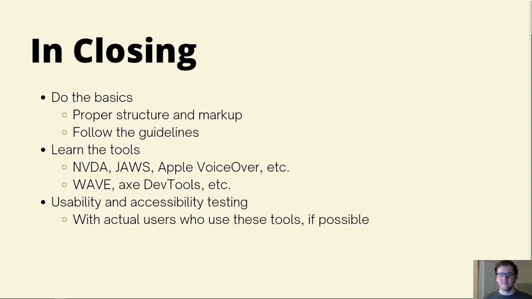And as much as you can, learn the tools and use those automated tools to help you. And as often as possible, do usability and accessibility testing, especially with people that actually use these tools. That's where you really will find how it actually will look to users whenever they attempt to access your site.